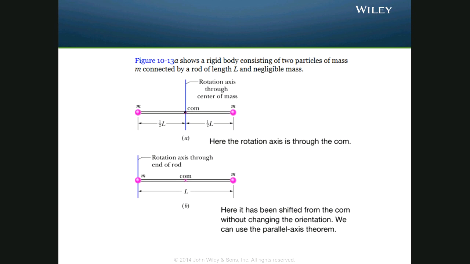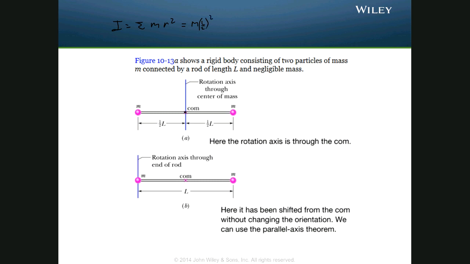So we'll go back to our point definition for this, right? I is equal to the sum of mr squared, right? So if we look here, we have our rotation axis. So this will equal m times L over 2 squared, right? I'm just doing this by exhaustion.